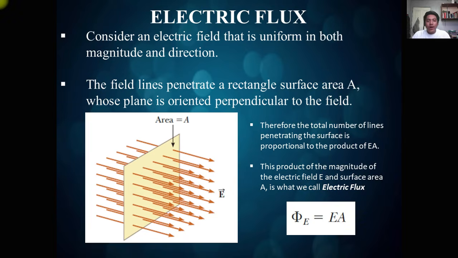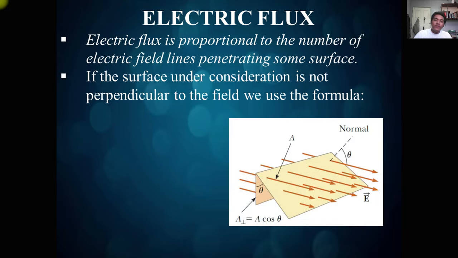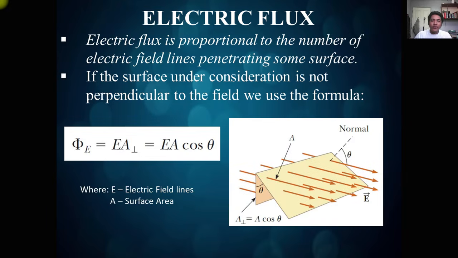Okay? So, what if the surface is not oriented perpendicularly? In this case, as you can see here, we have a surface, and the electric field passing through it is still in this direction. If this is the plane, the normal vector must be this, that is perpendicular to the plane.